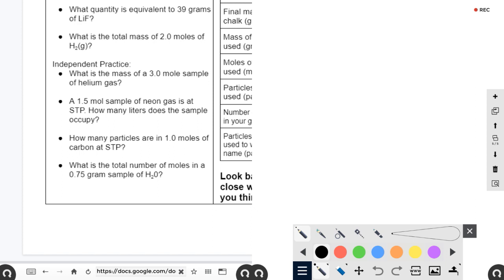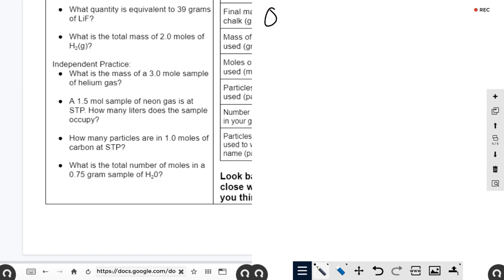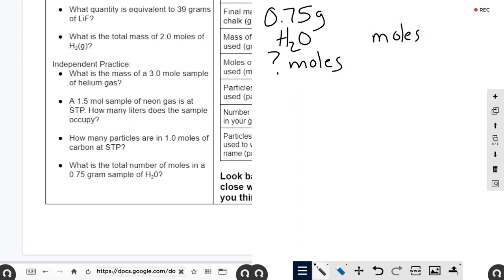What is the total number of moles in a 0.75 gram sample of H2O? I know mass, I know I have water, and I'm trying to find moles. So I can use this formula: moles equals mass over gram formula mass.